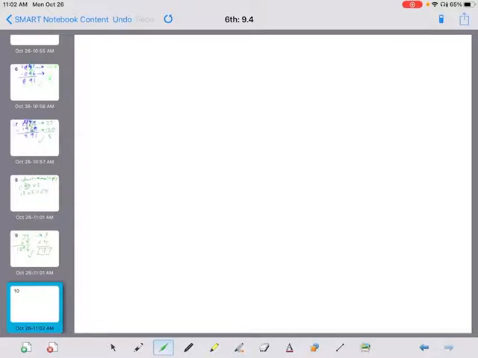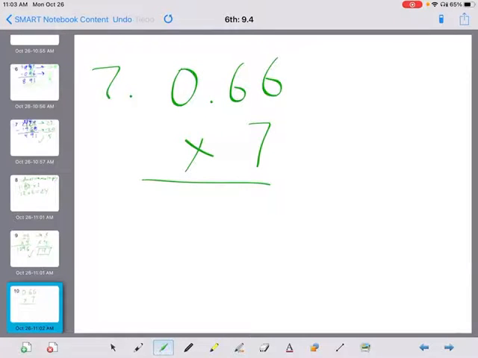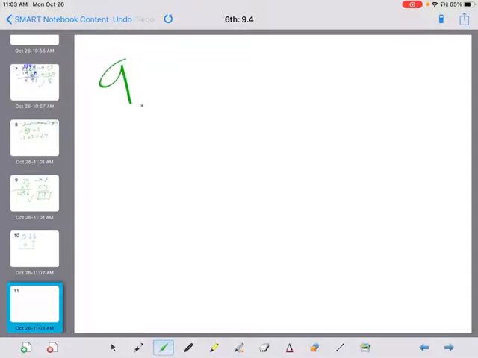Then if I look at the guided practice down there, I'm going to do numbers 7 and 9. So number 7 is 0.66 times 7. And number 9 is 0.98 times 3.